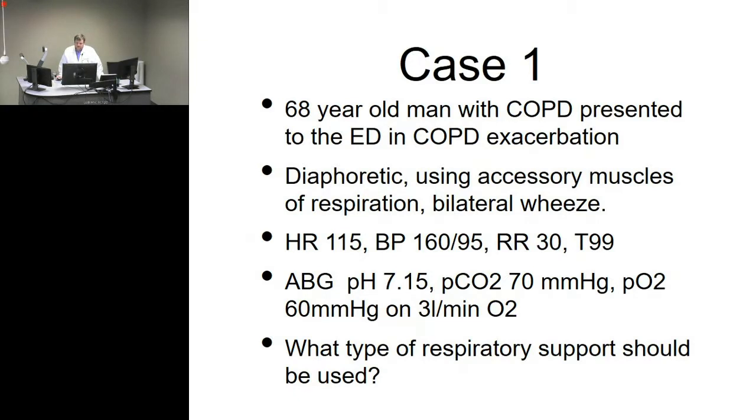He's got faint wheezes bilaterally. Heart rate's high, blood pressure's high, respiratory rate's high. So RT gets called and they get a blood gas on him. He's got a pH of 7.15, PCO2 of 70, O2 is 60, and he's on 3 liters per minute by nasal cannula at this point.